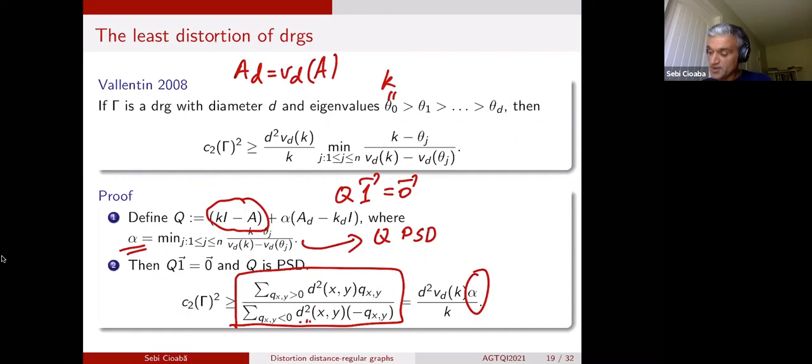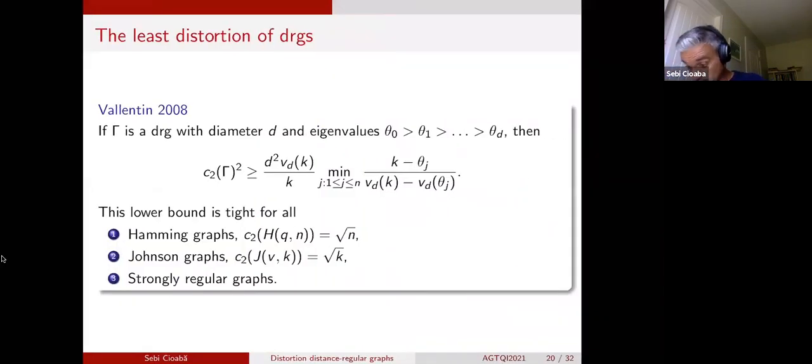And on the top, that's where this d squared comes from, because you're squaring the distance between x and y, and the only positive entries in this matrix, which are off diagonal, are going to be over here. So that's how the d squared appears there. Okay.